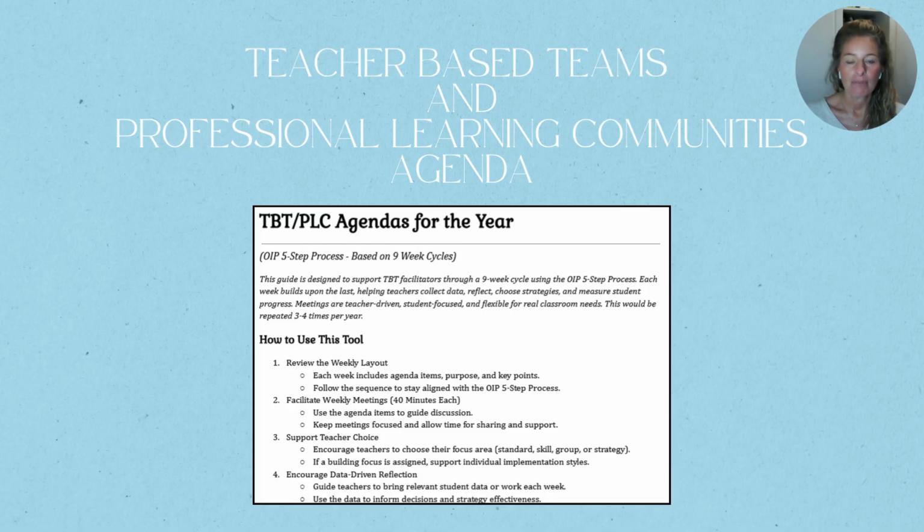In this course, we reference Ohio's OIP 5-step process as a research-based model, but this structure works well for teacher-based teams or learning communities regardless of where you teach. The agenda provides clear purposes, discussion prompts, and documentation support, so your collaboration stays focused and productive. Use this if it will help in any way.